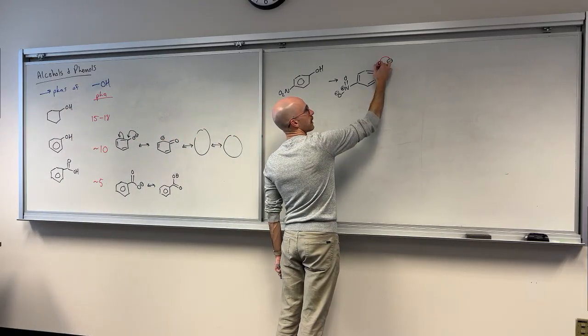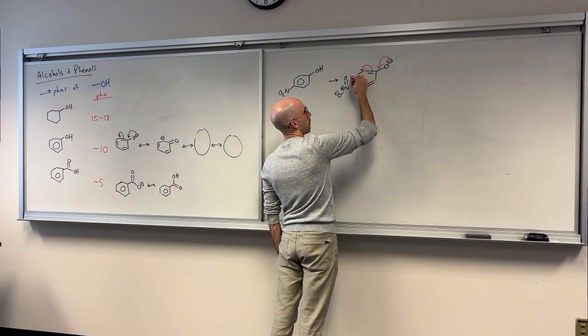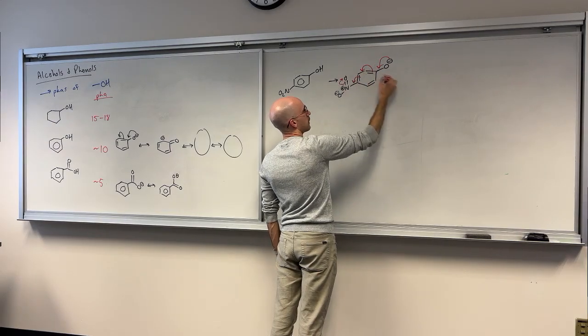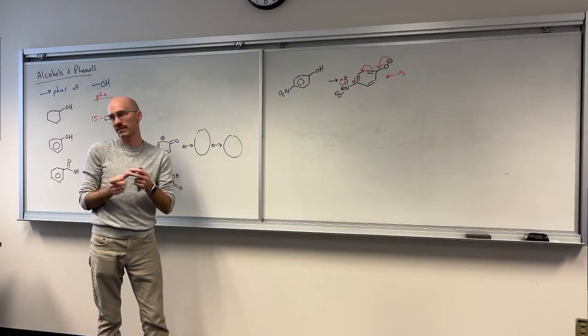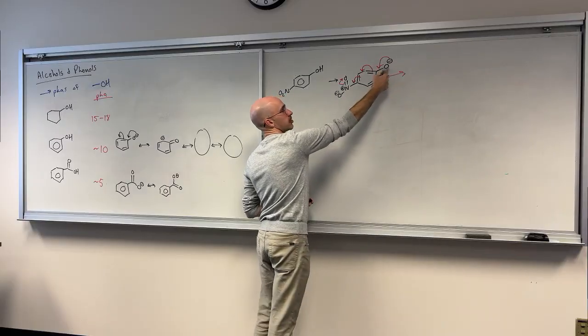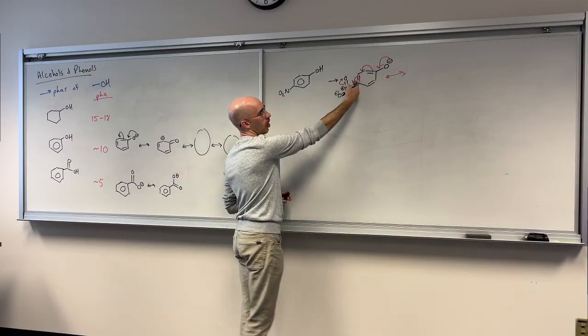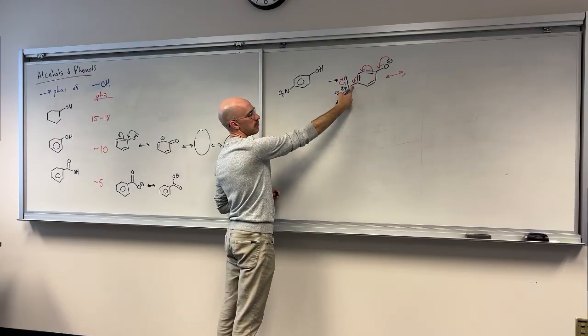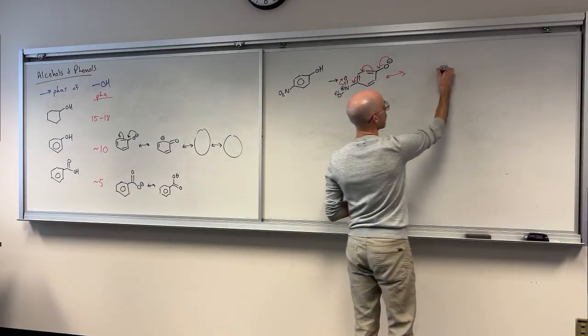So if there is an electron withdrawing group, and if its position is ortho or para, that's a big part. Oxygen makes a double bond, the carbon-carbon double bond shifts over, the carbon-carbon double bond moves out to be a carbon-nitrogen double bond, and then the NO double bond breaks open.